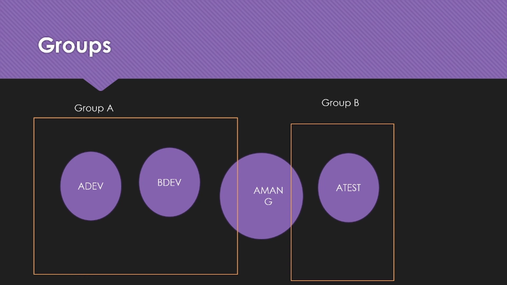Groups is a feature inside the IAM service. When I want to give developer access to my resources present inside AWS, I will have a group, and I will give a couple of policies to the group.